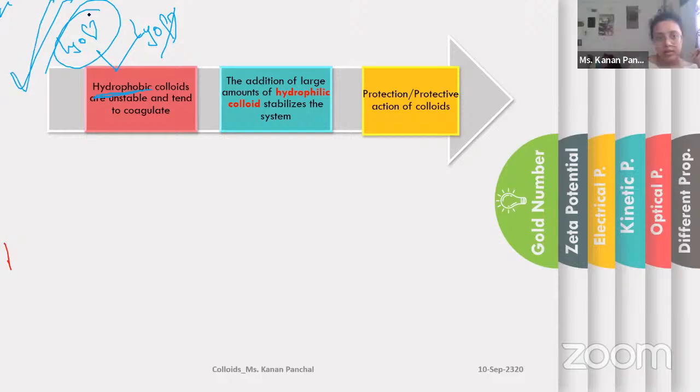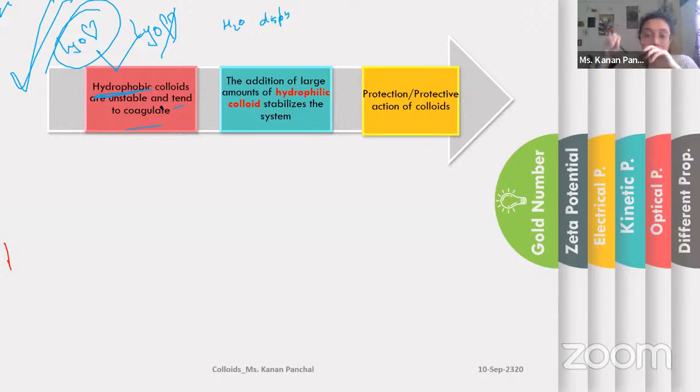Okay. So your hydrophobic colloids, now what happens? They are a little unstable in nature when we speak about water as a dispersion medium, because anyway they are hydrophobic, right? So that is why they are unstable and they tend to coagulate. Because suppose if you keep something which is hydrophobic in water, तो वो molecules का एक दूसरे के साथ तो अच्छा बनता है, water के साथ अच्छा नहीं बनता ना.